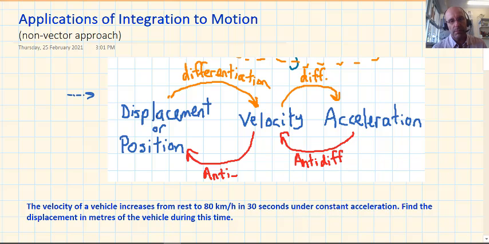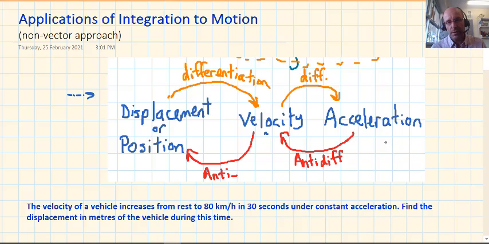videos, we can use differentiation or finding the derivative to, if we have a displacement function in terms of time, we can find the derivative and we can get velocity. And if we have a velocity function in respect to time, we can find the derivative and we can get the acceleration.